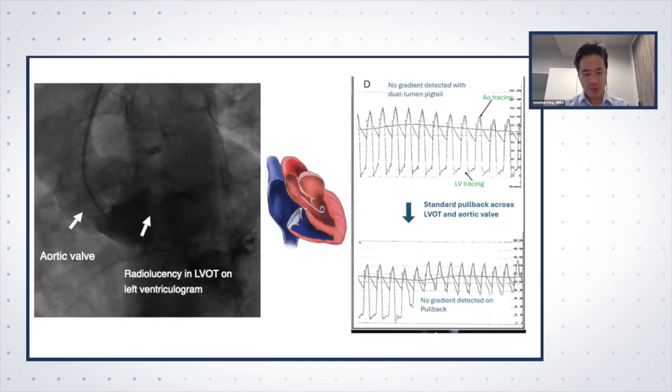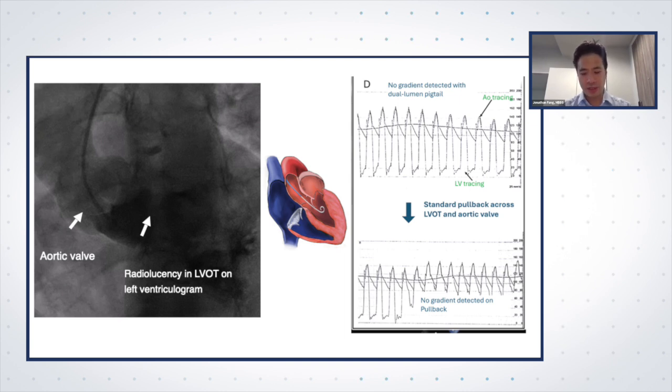We crossed the aortic valve and did a ventriculogram. There was a faint radiolucency somewhere underneath the aortic valve. We used a dual lumen pigtail catheter to attempt to obtain a pressure gradient, but we found nothing.